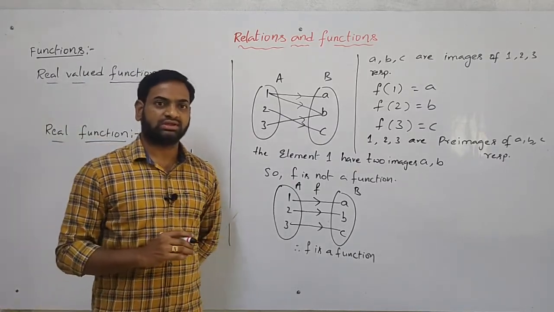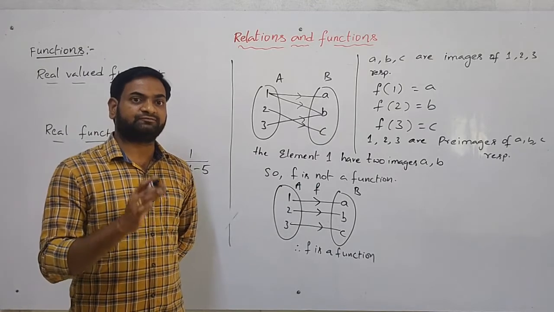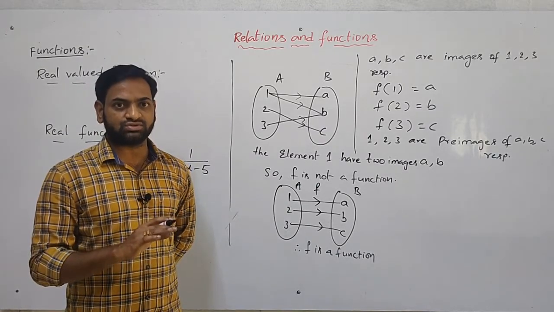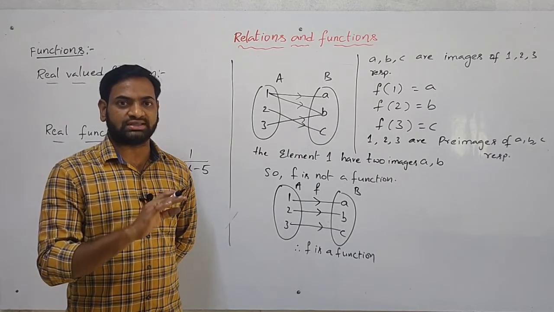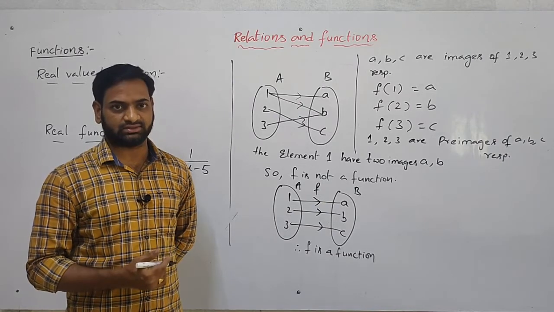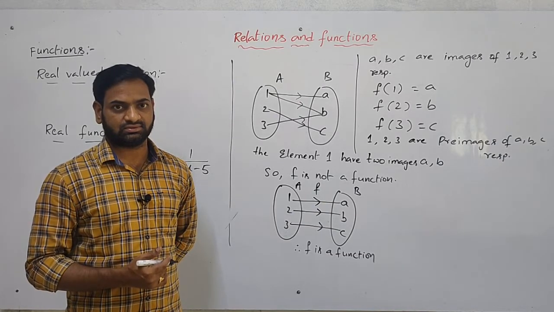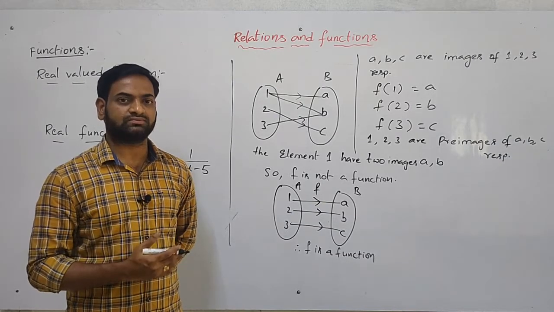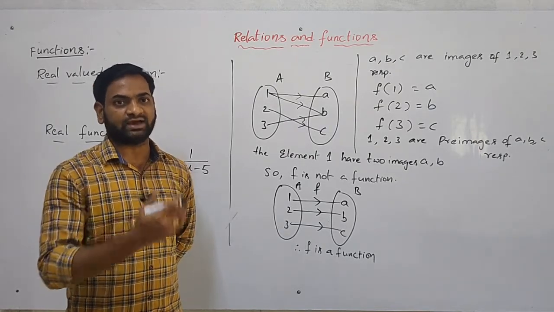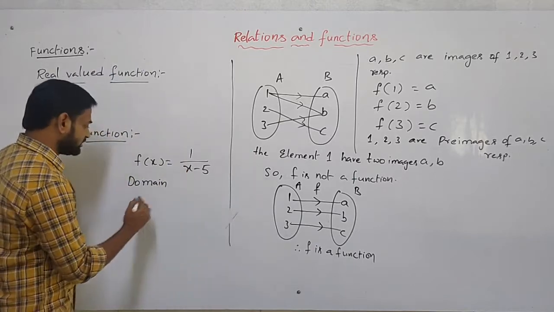Domain means where the function is defined, on which values the function is going to be defined. That is the domain. Suppose here the x value I am taking is 1.